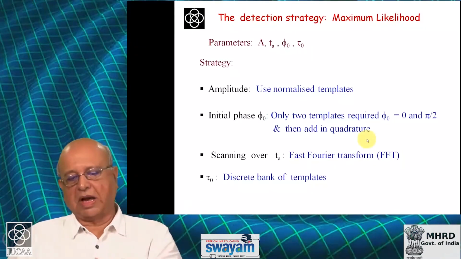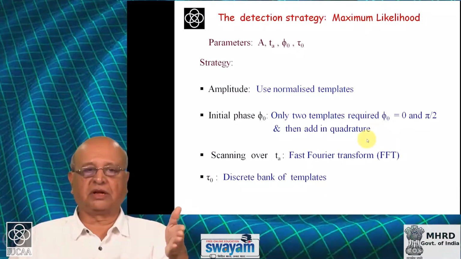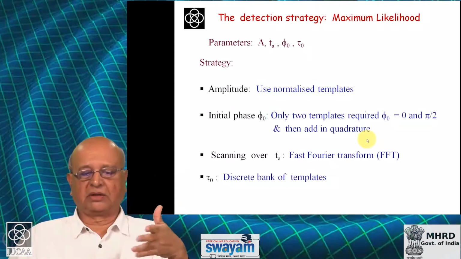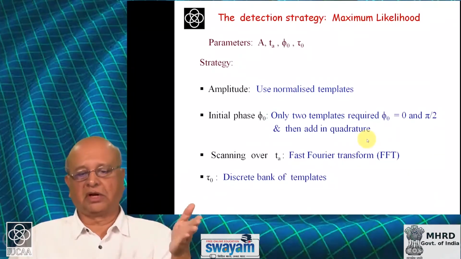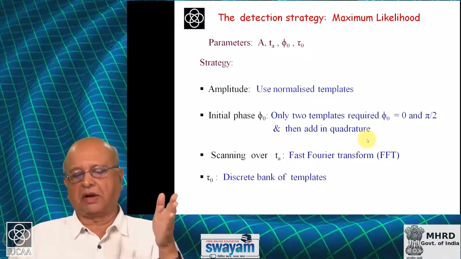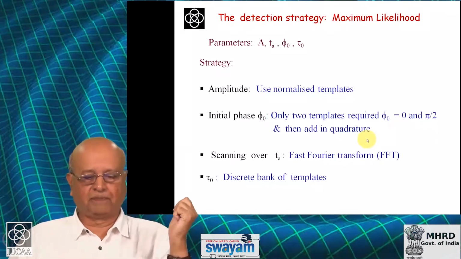And then you can add them in quadrature to maximize, because finally we want to maximize the likelihood ratio, and maximizing the likelihood ratio is maximizing the correlation or the scalar product. Then scanning over the time of arrival is done in a very efficient way by using the fast Fourier transform, as I have already shown.